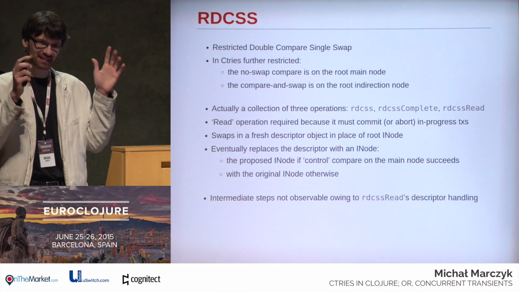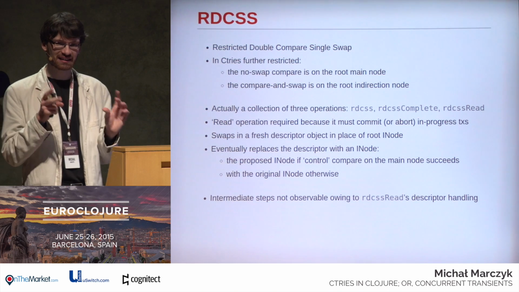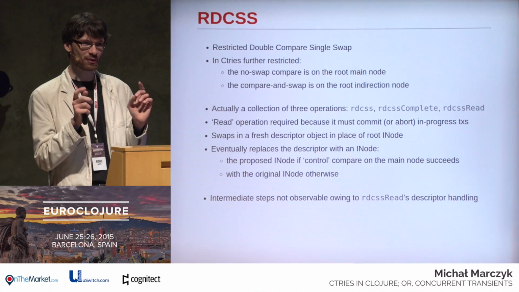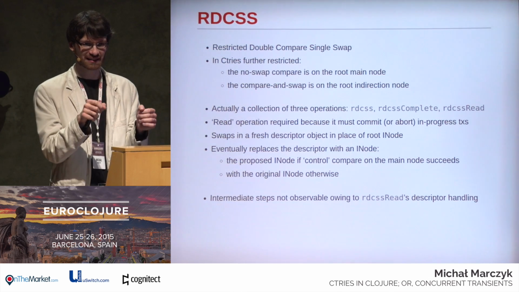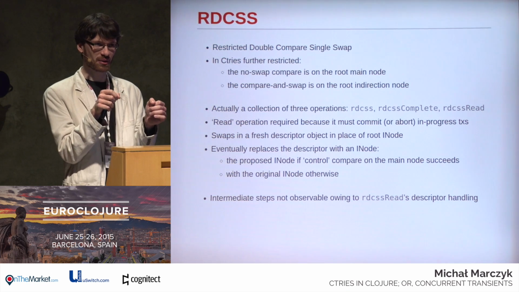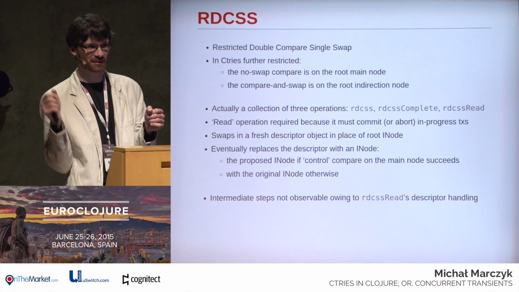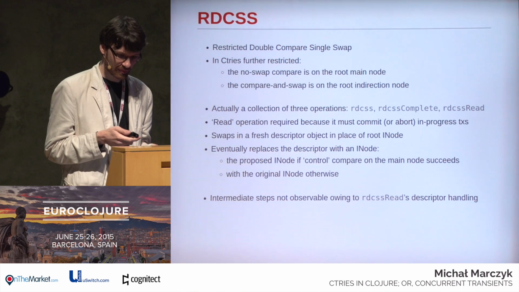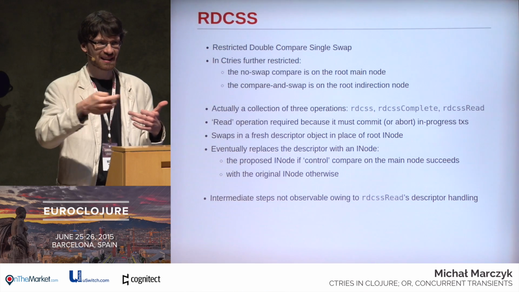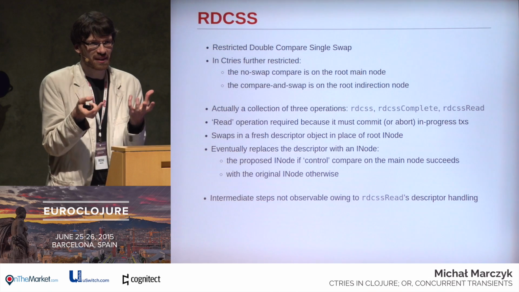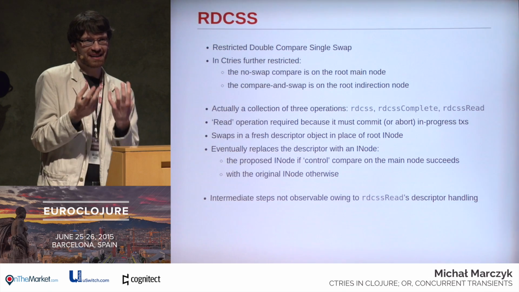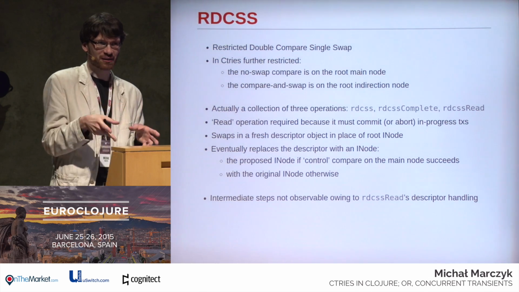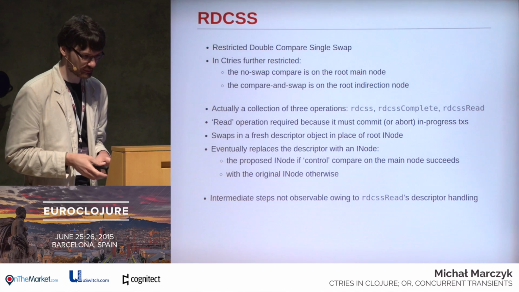RDCSS complete is the implementation detail, and then RDCSS read is the operation that all read accesses to the memory locations involved need to go through. And the reason you can't access it directly is that nobody may ever see the intermediate objects that RDCSS places in some memory locations.